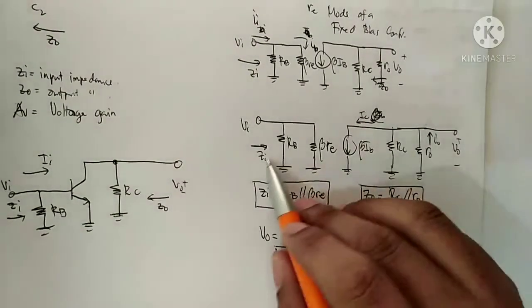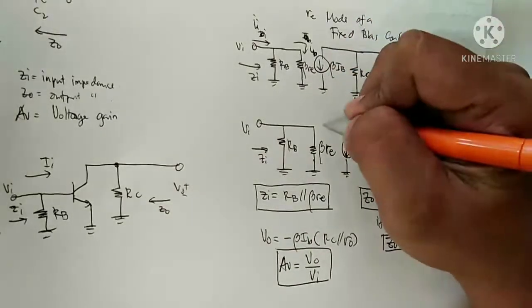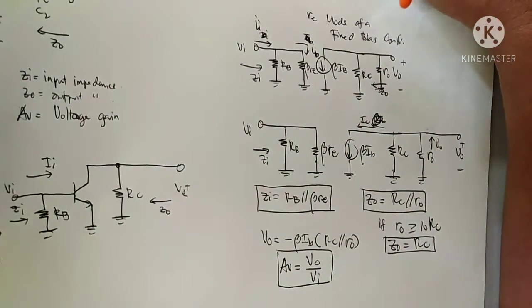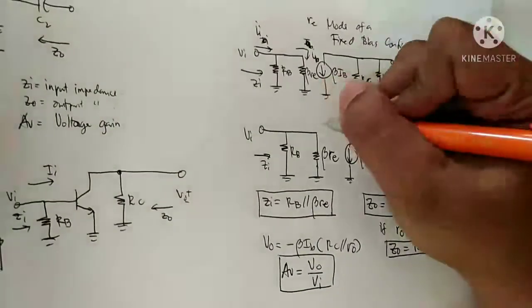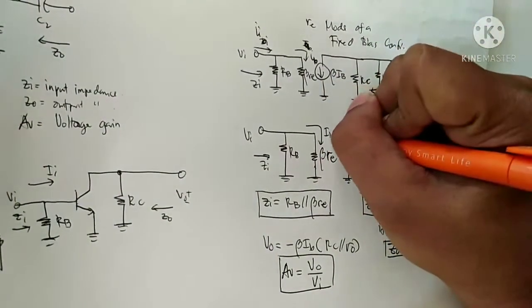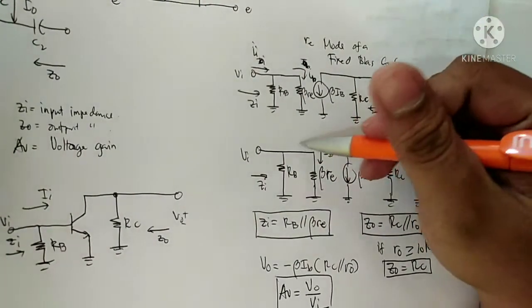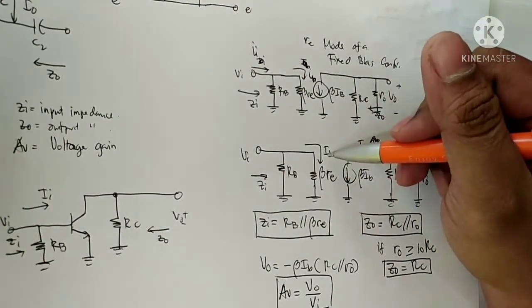And then on the input side, this is the IB current. IB is the current at the base terminal, so therefore this current is IB.